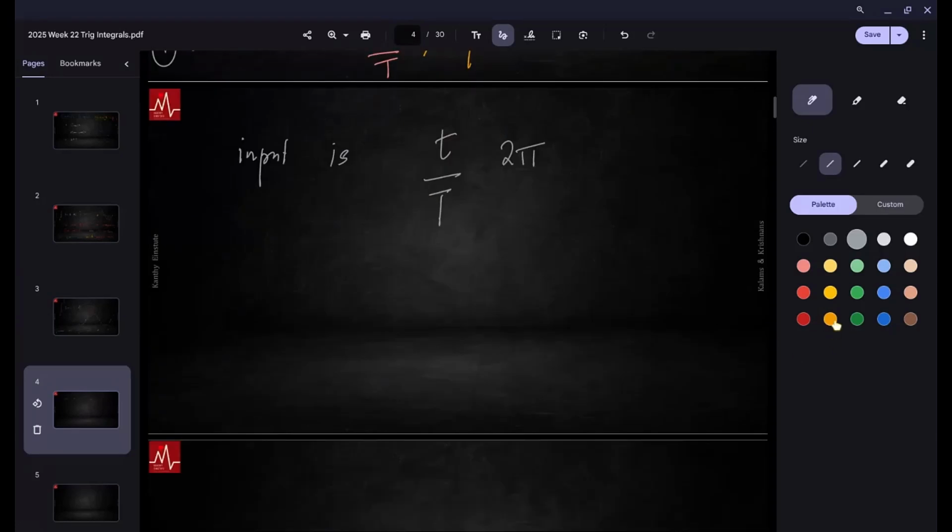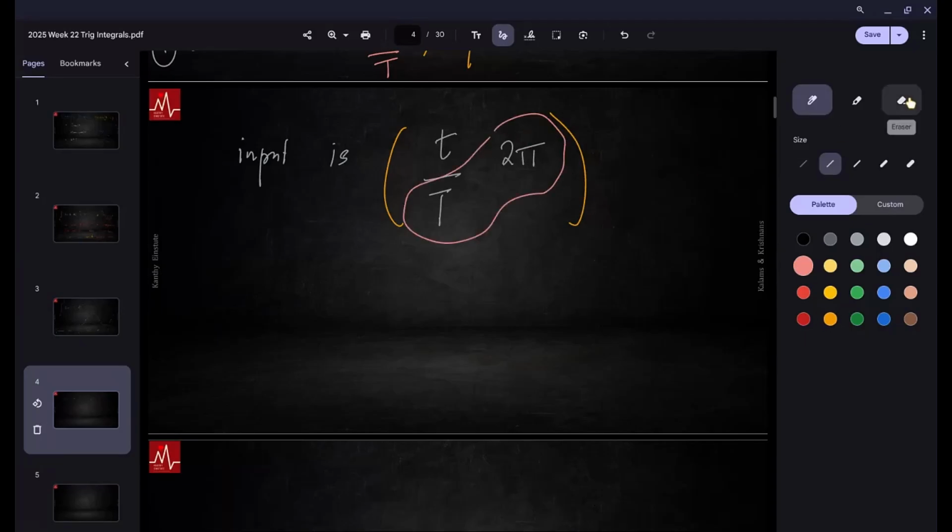This is your input, omega t. This term is your omega. But notice at this stage, this is a fraction. Fraction becomes 1.